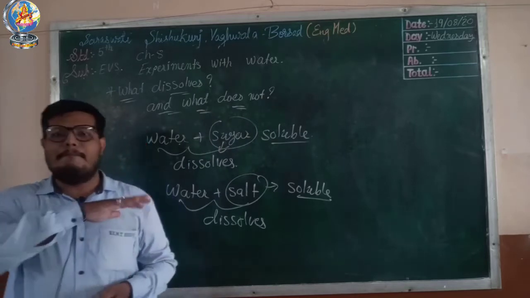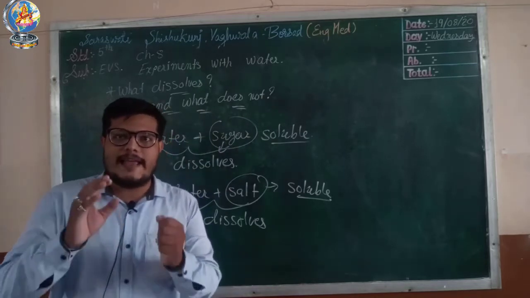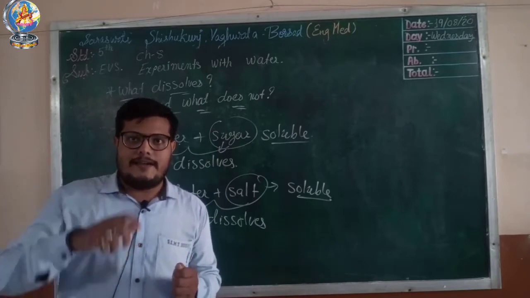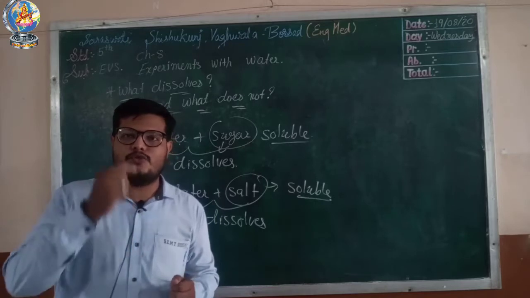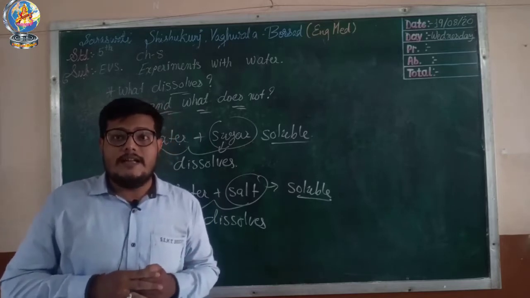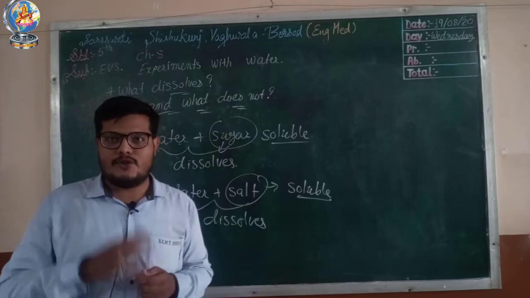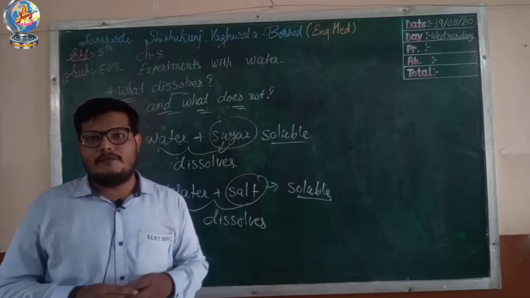I hope you understand. There are many different substances like detergent powder, which also dissolves in water. Lemon juice: when you squeeze a lemon, it gives you juice that also dissolves in water. There are many more. Find out which substances dissolve in water and make a list, so you will understand which things dissolve in water.